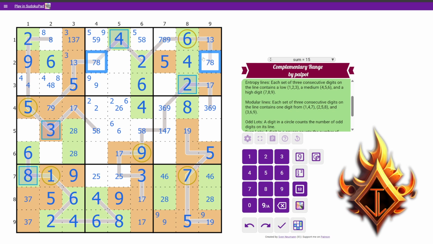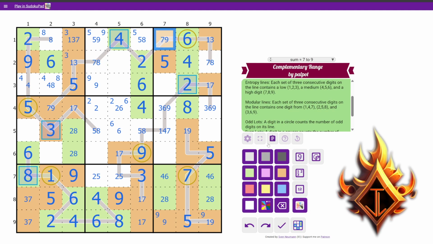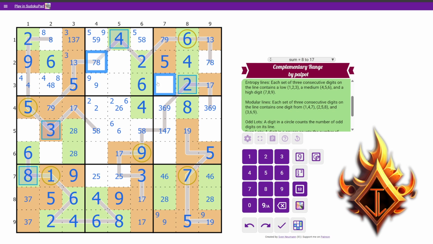We have 1, 2, 3. One of these will have to be an 8. So that one cannot. It is odd. I guess 8 could still go there if it went there and there, there and there and there.